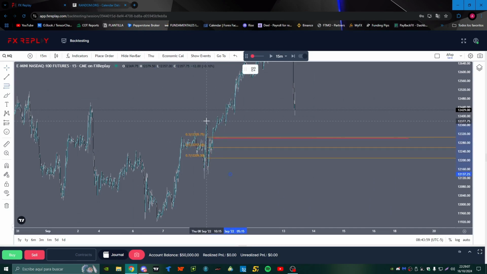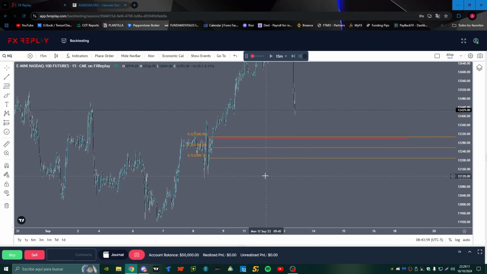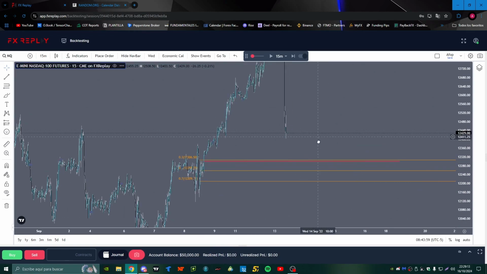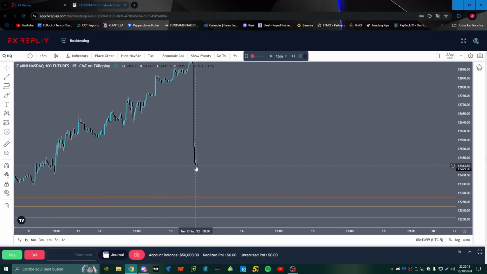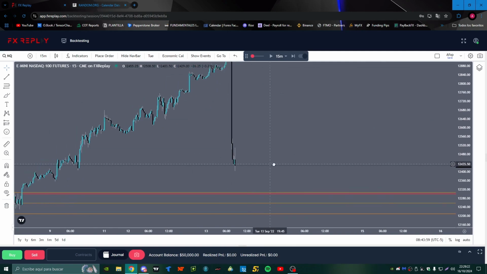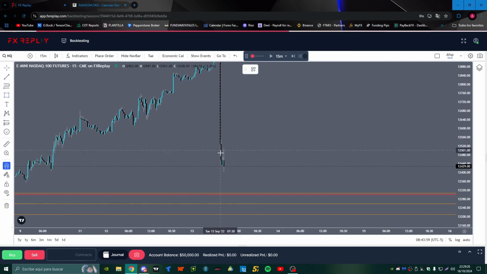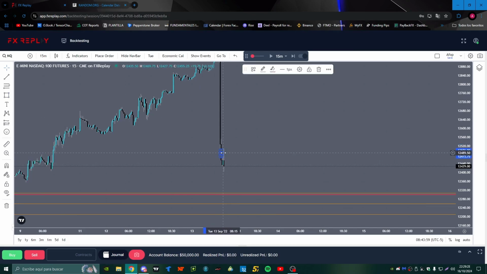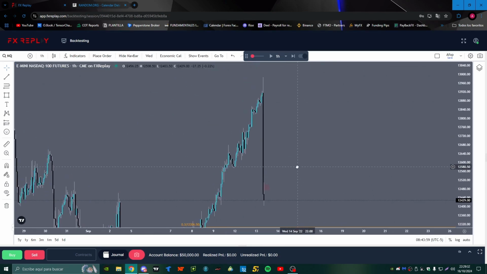I like this one more. This will definitely look for a way to go over there. It hasn't wanted to go to the imbalances here. In fact, it already touched one of 15 minutes.